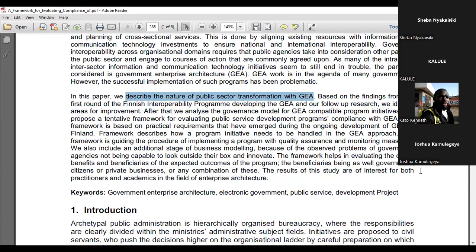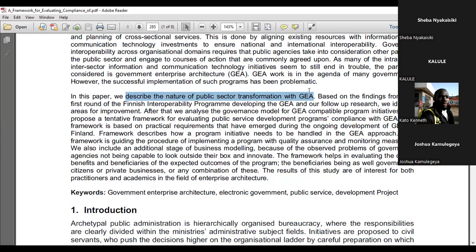Already we are seeing that is the objective: to give the research community of enterprise architecture and public sector a description of the nature of public sector transformation with GEA.